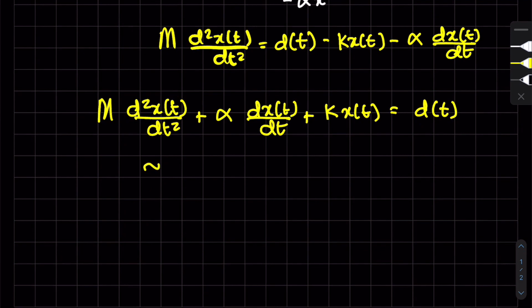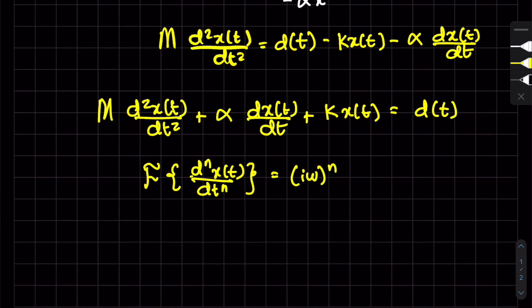Let's Fourier transform, and you'll see why, because we have this nice property. So the nth derivative of some function x, which is a function of t, is going to be i omega raised to the n, and the Fourier transform of x, so i omega raised to n capital F of omega.